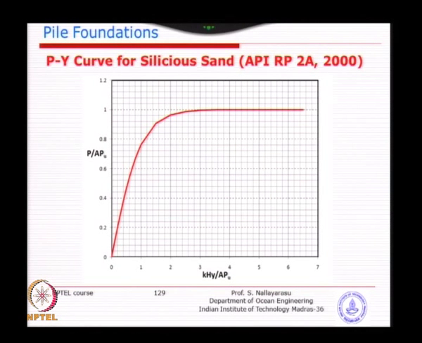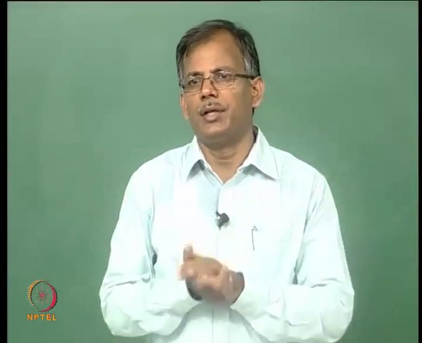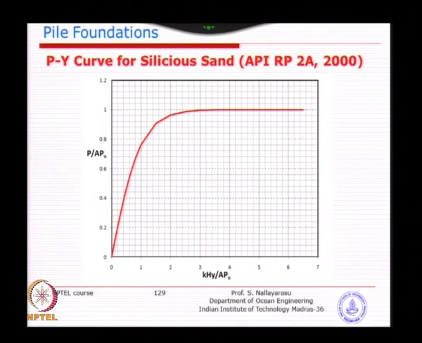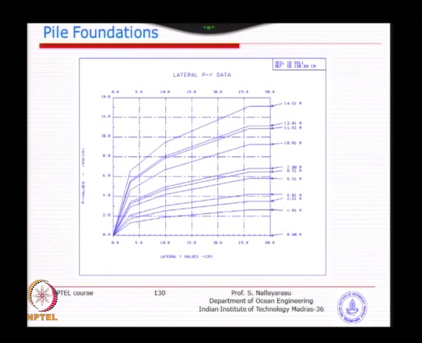The sand material does not have any cohesion and just gets displaced, and it becomes plastic deformation once it is displaced. So, that is why you have to understand the difference between clay and sandy material. A typical p-y graph generated by some software, you can see here the comparison as you go deeper and deeper.